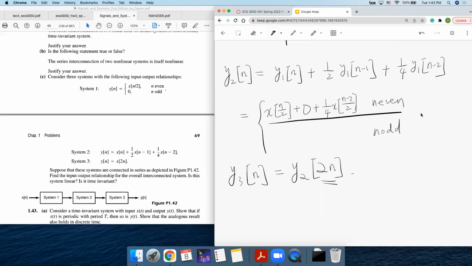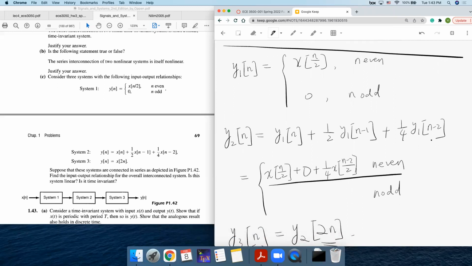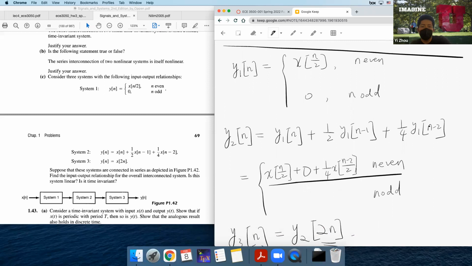Question on the 1/4 x term with n minus 2, in your even part. You're replacing n with n minus 2, right? If n is even, n minus 2 is an even number.